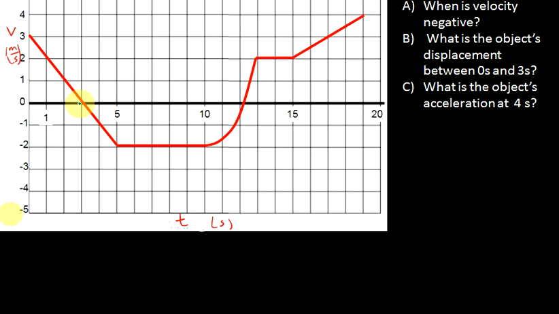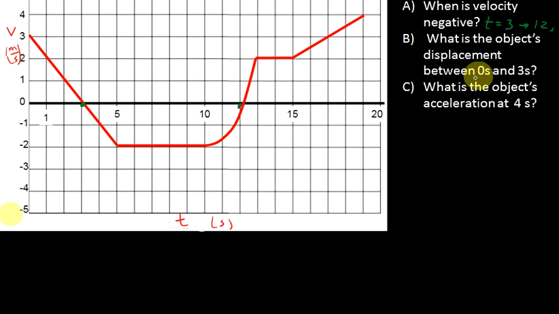Well, right when you get to here, which is just about 3. I recognize it's maybe a tad more than 3. All the way until right here, a little more than 12. So for the first one, it's between t equals 3 to just a little over 12.